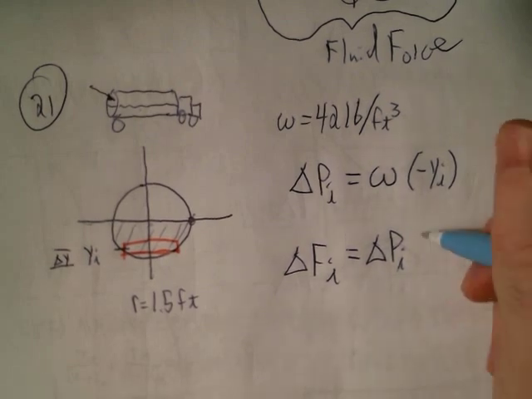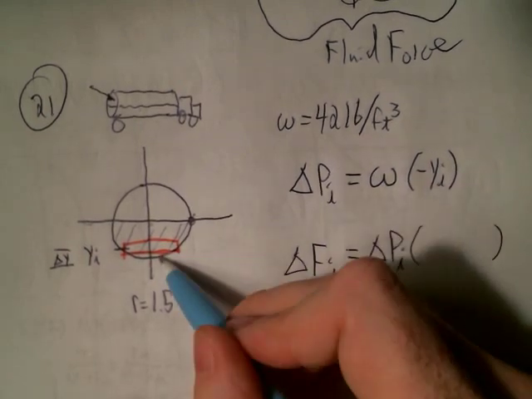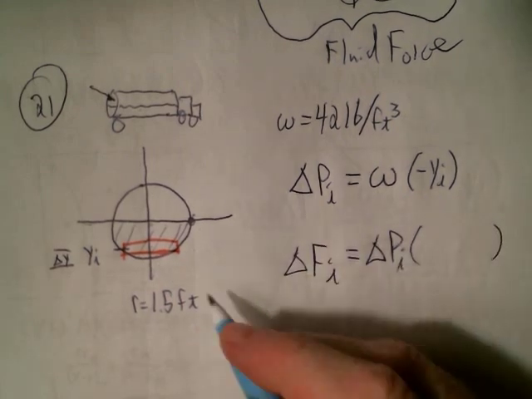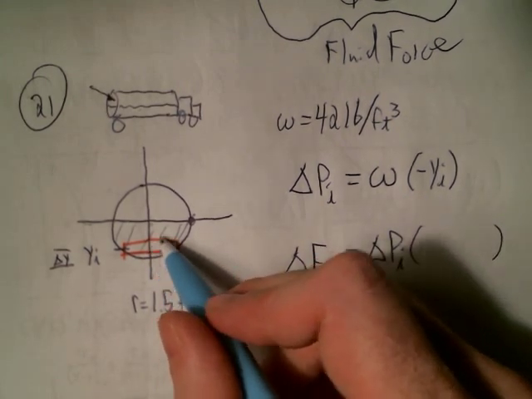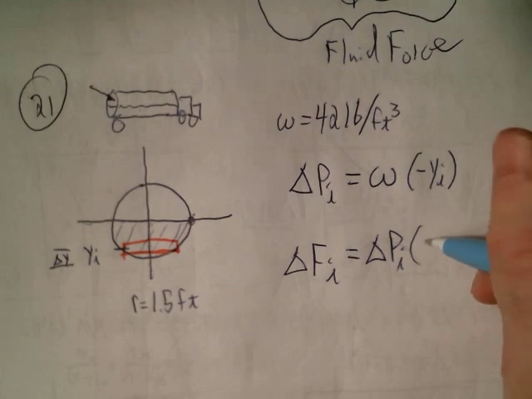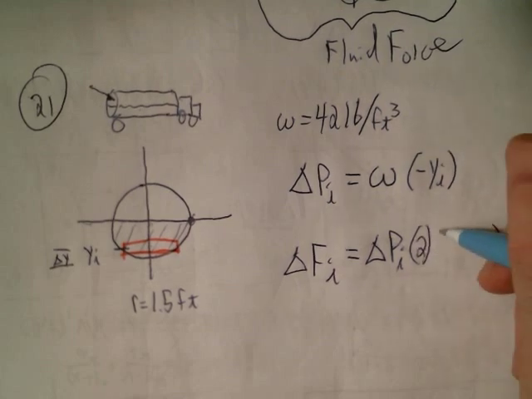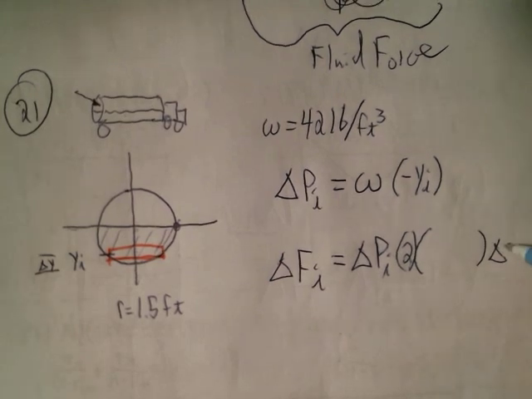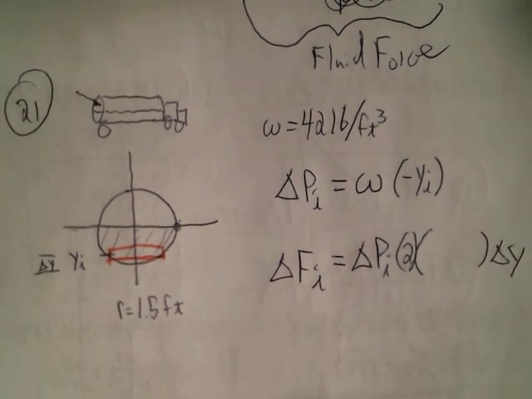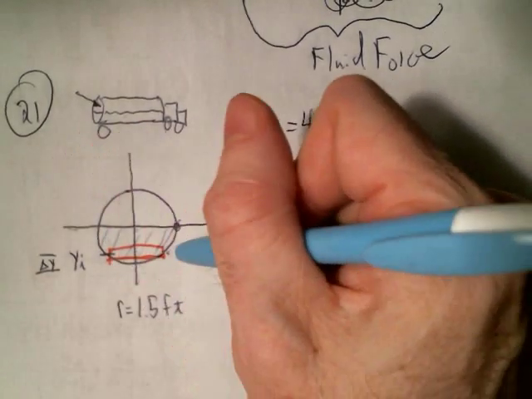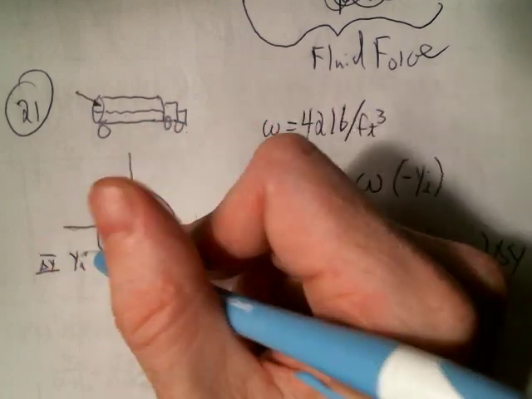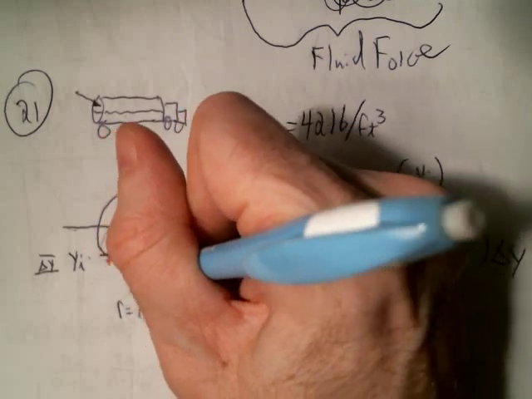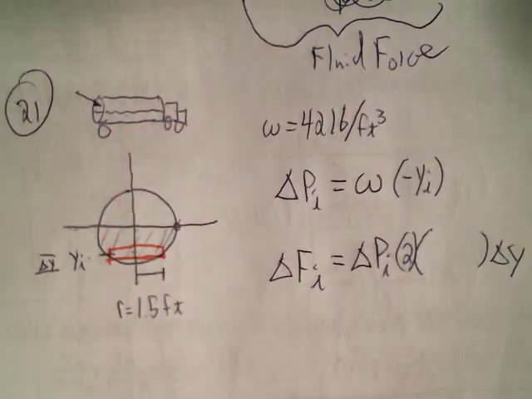To get the area of the rectangle, I need basically the formula for this circle to give me the radius. The radius is half the length of this rectangle, so I'm going to need to multiply it by 2, whatever it is, and then times the width of the rectangle. So I need a formula that tells me at any particular given position y sub i, what is the distance from here to here.